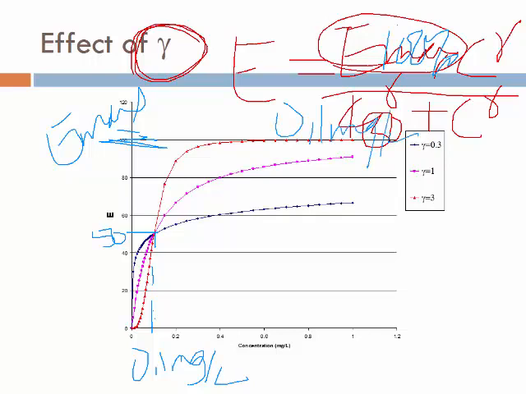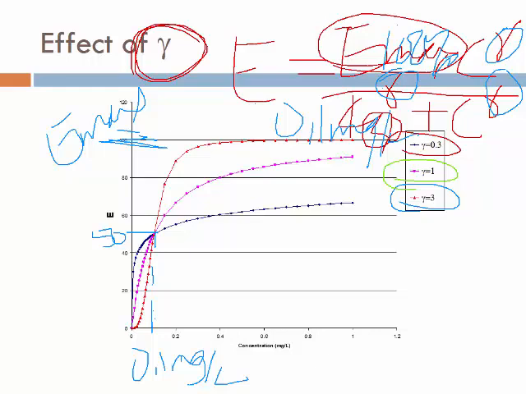And then I put in all different concentrations and different gammas to get our effect. So the only thing I varied was the gamma. So I did a gamma of 3, a gamma of 1, and a gamma of 0.3.